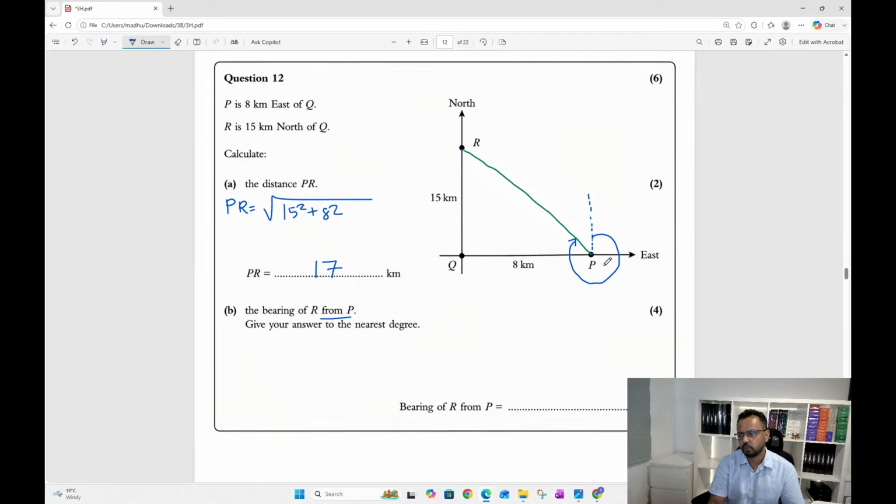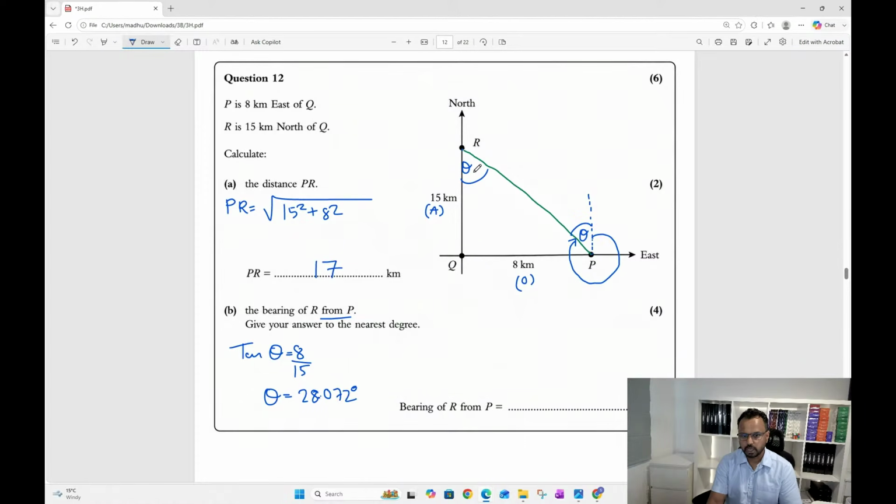How do I work out that angle? Well, the quickest way would be to work out this angle and take it away from 360. But how do I get that angle? Well, I know alternate angles are equal. This one here. Now, I'm just going to use tan theta because this is opposite and this is adjacent. So tan theta is equal to 8 over 15. Theta is inverse tan of 8 over 15, and that gives me 28.072 degrees.